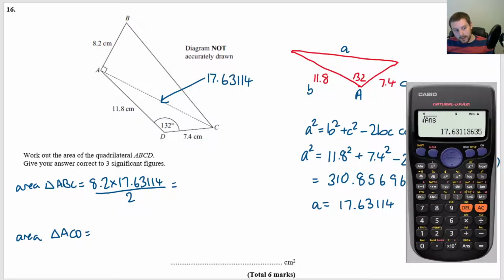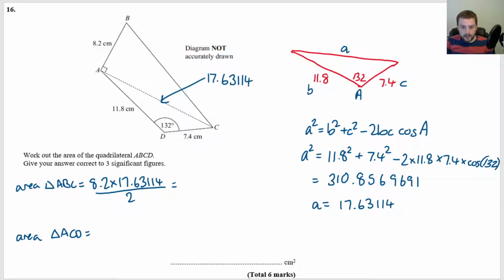So that's what we're going to do. Area of a triangle formula with a half times 11.8 times 7.4 times sine of 132. And so I'm just going to get both of these answers and then add them up on the calculator.